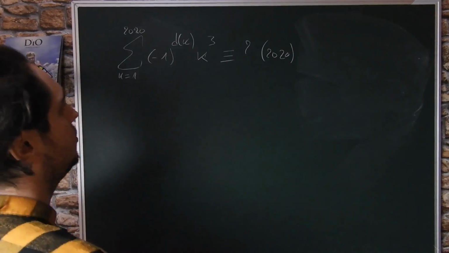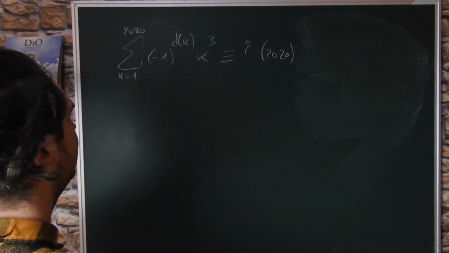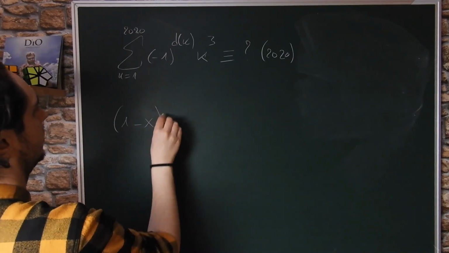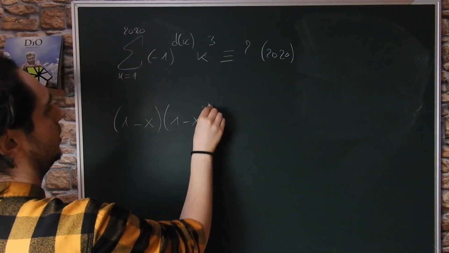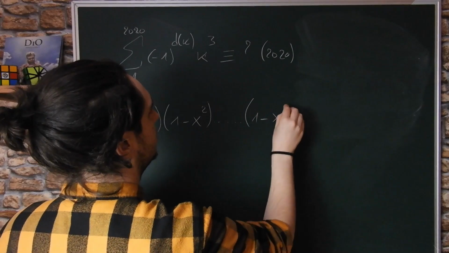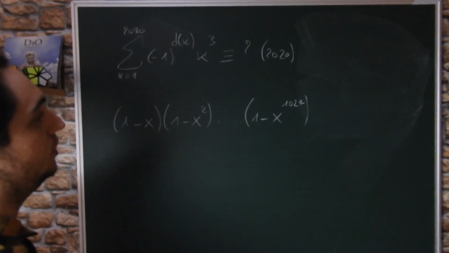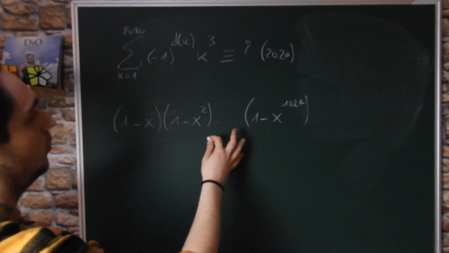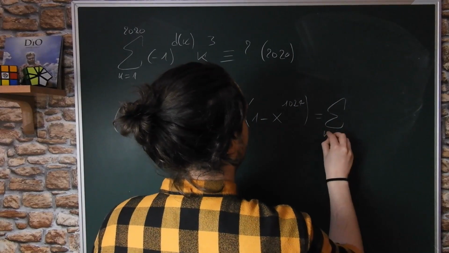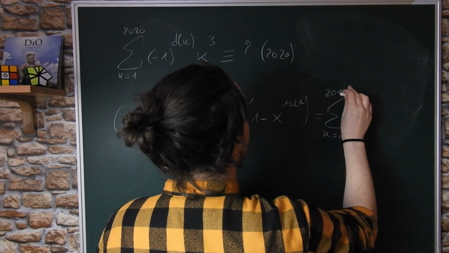Okay. So, in order to compute this particular expression, let me start with this identity. We have (1 - x)(1 - x^2) up to (1 - x^1024). This, if you see, is a particular way to express this polynomial: the sum for k from 0 to 2047 of (-1)^d(k) x^k.